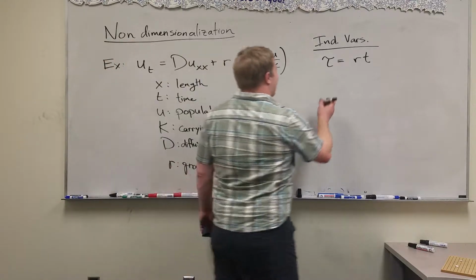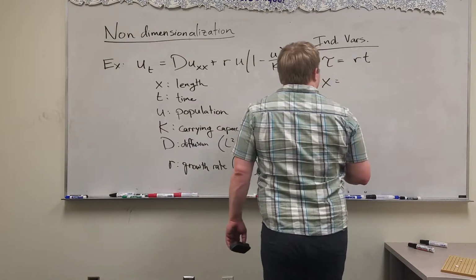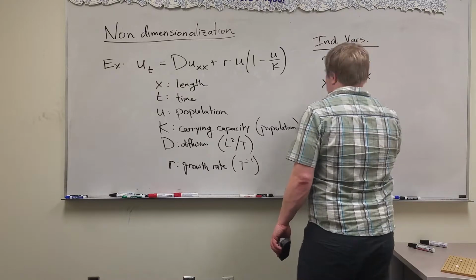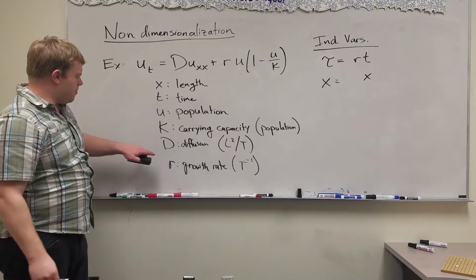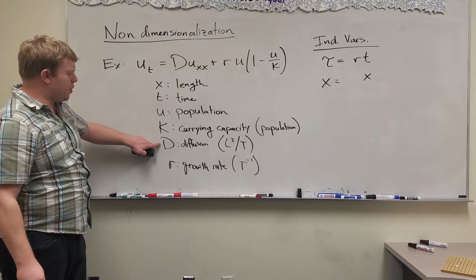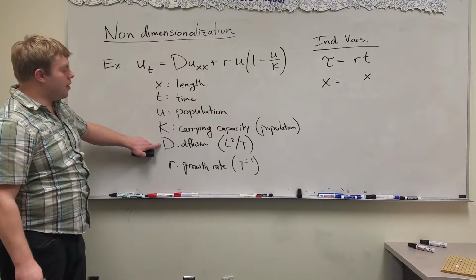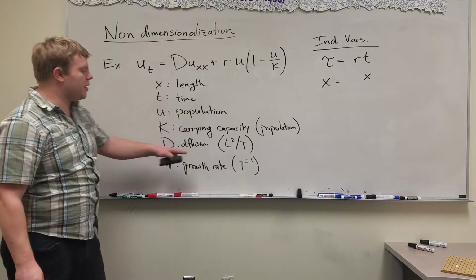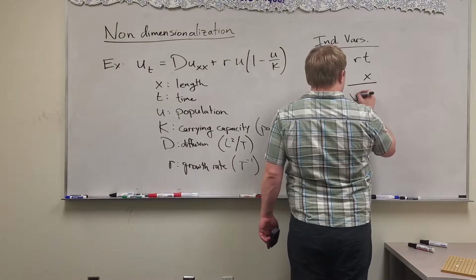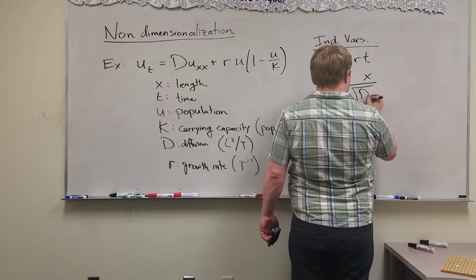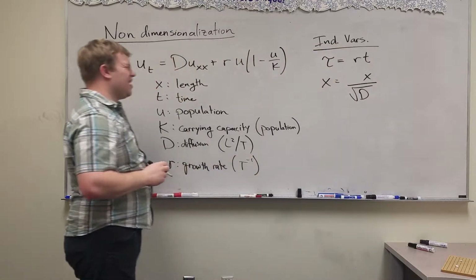Next I have x. This one's a little bit more difficult. I know that I have a length here. The only other place that I have a length in these terms is in diffusion, but it's a length squared. So I'm going to have to divide by square root of d.